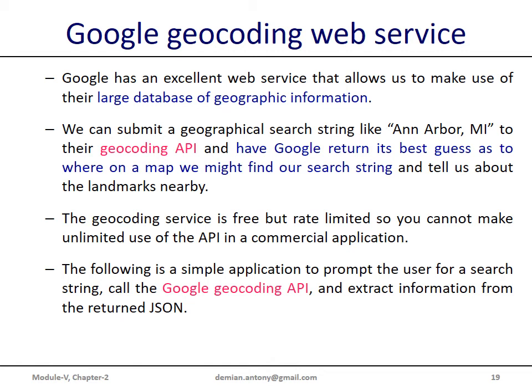Then we make a call to the geocoding API in Python, and we collect the information sent from the geocoding web service API in the form of JSON, and then we display the JSON data as it is, as well as parse it and retrieve the relevant information about the nearby landmarks, like the longitude and latitude of the place that we have given in the search string.